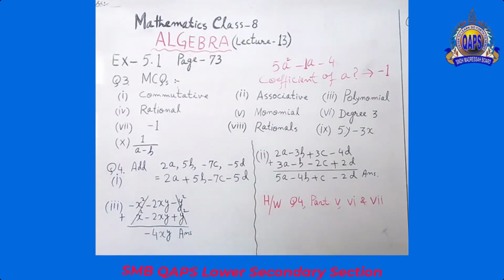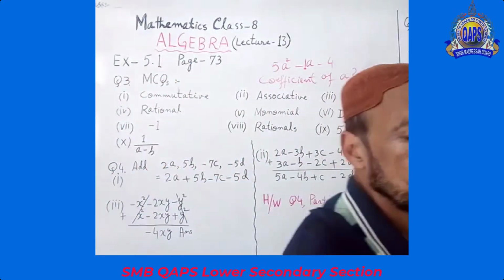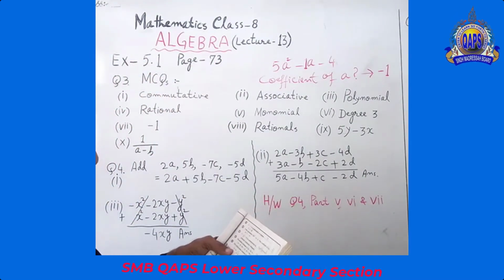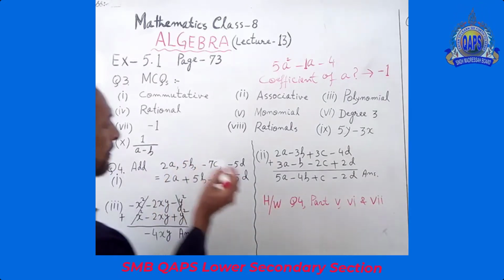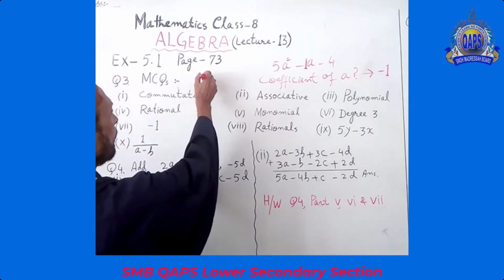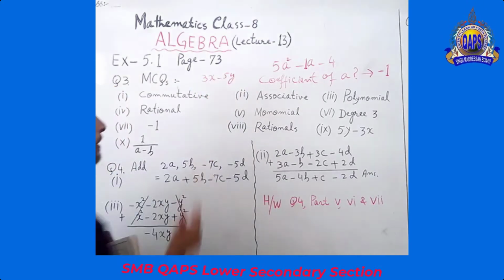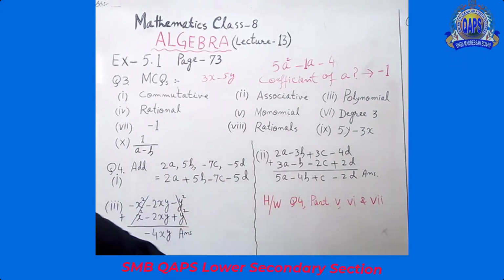Number 9, the additive inverse of 3x minus 5y is, inverse the sign. I am writing over here. 3x minus 5y. We need additive inverse.